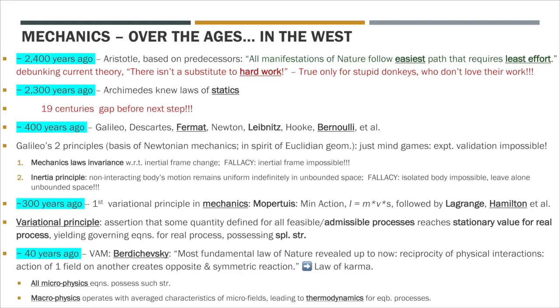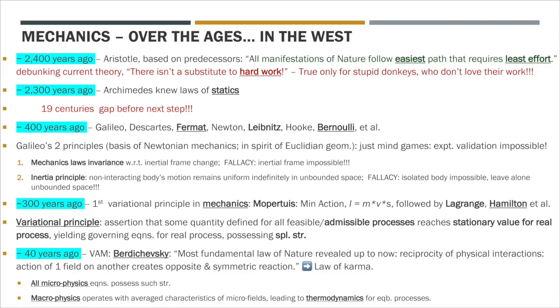What he says in one of his profound works, almost like a Bible for the mechanics community, is that all manifestations of nature, again I'm paraphrasing, this is not an exact quote, all manifestations of nature follow the easiest path that requires least effort.